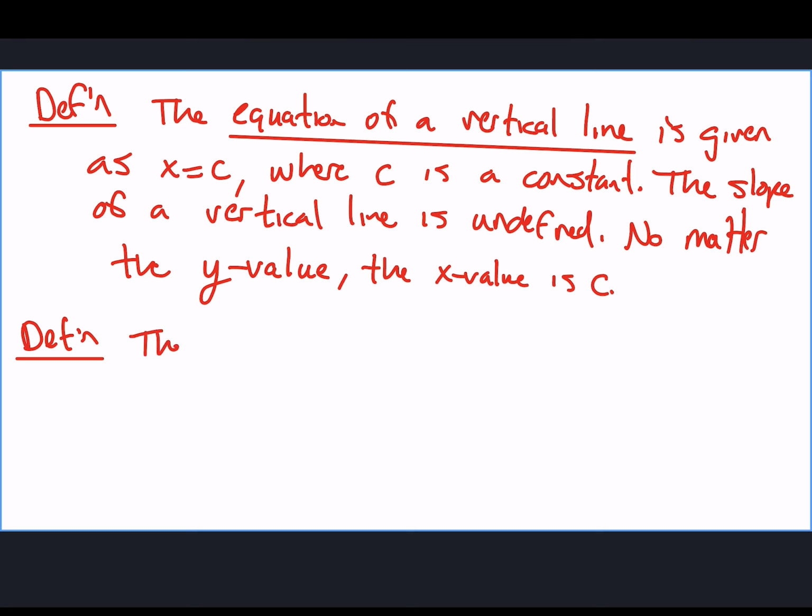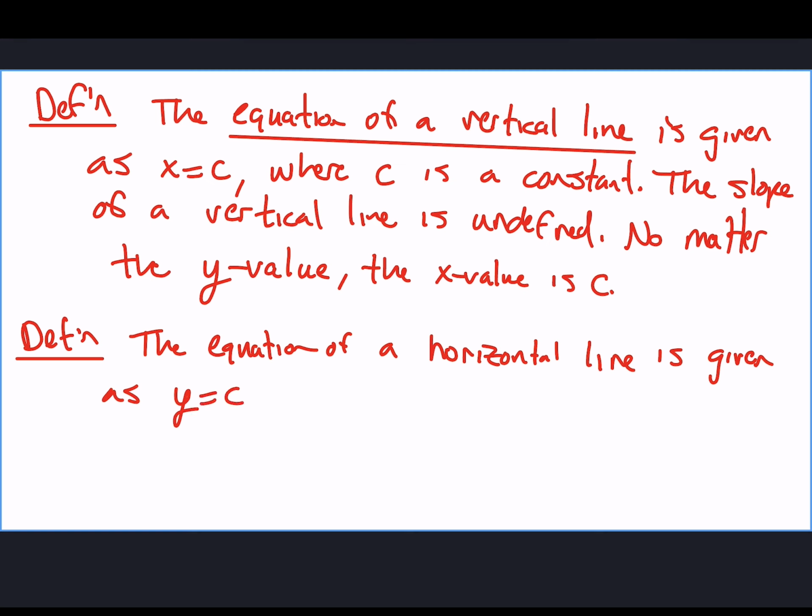On the other hand, the equation of a horizontal line is given as y equals c, where c is a constant.